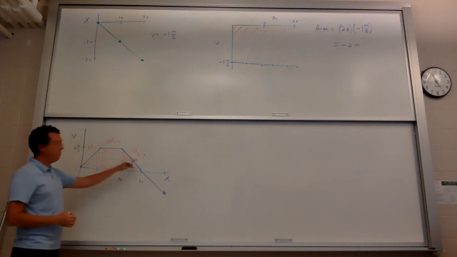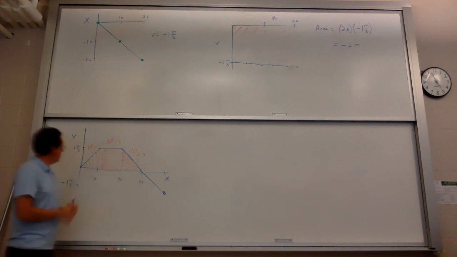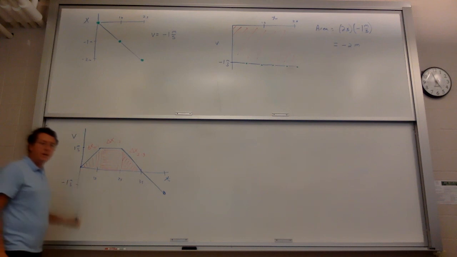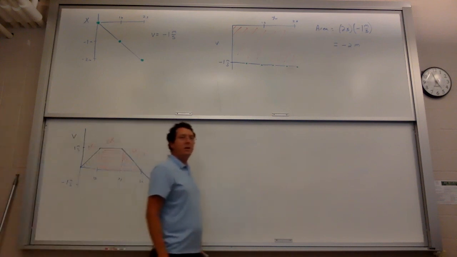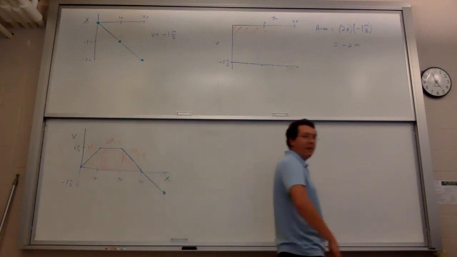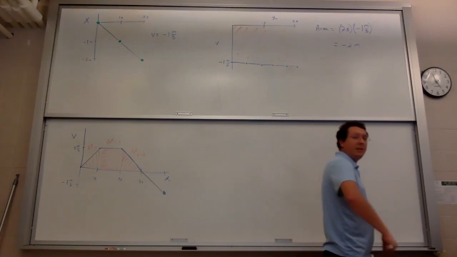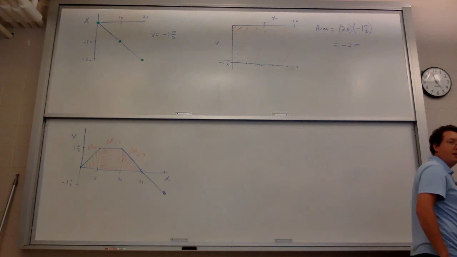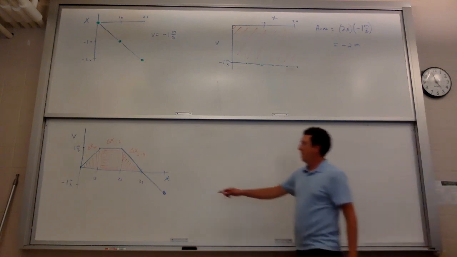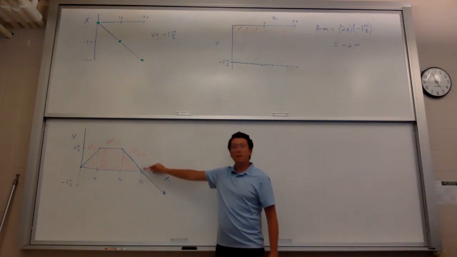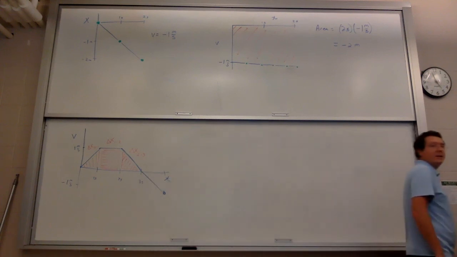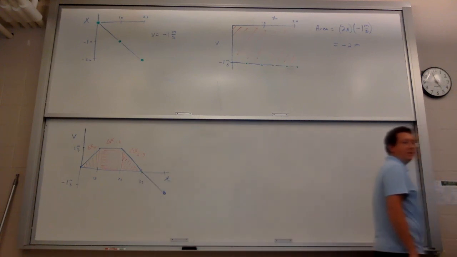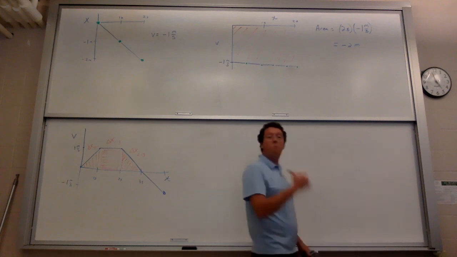Each one of these would have been positive, because I started at rest and I sped up, I gained position, I reached constant velocity, I kept gaining position, and then my velocity decreased, but I was still moving forward to a stop. When I got to here, that's when my velocity was 0, and then after I reached that stopping point, my velocity was negative, and I moved backwards.